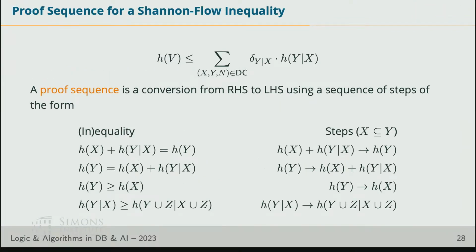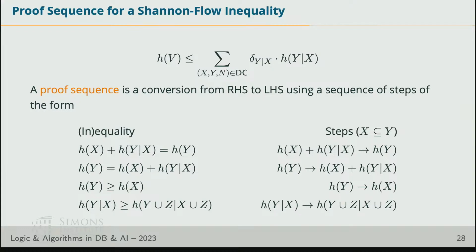And it turns out that given a Shannon flow inequality, we can come up with a proof sequence, just like in the two examples that we have just shown. One step at a time, you can do the composition, right? You compose two terms into one. You can do a decomposition: you decompose h of y into h of x plus h of y given x.